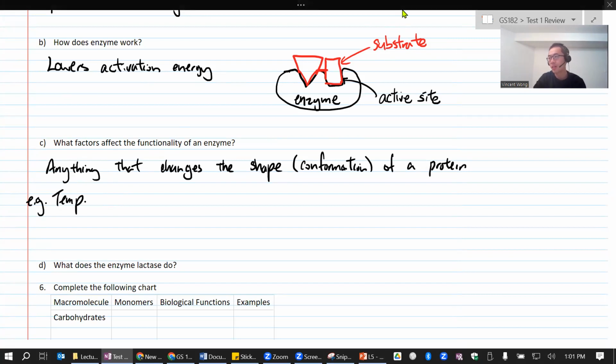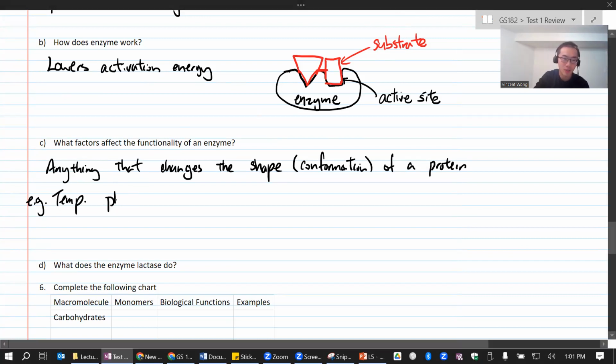Anything else that we talked about in class? pH level, yes. pH, salt concentration, types of solution, and so on and so forth. If you read about other things, great, but these are the main ones that we talked about in class.